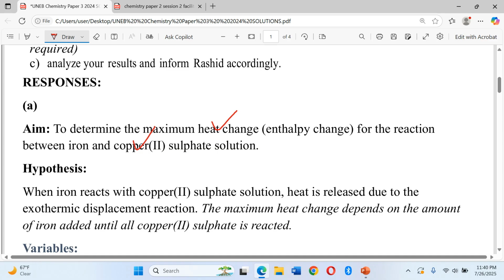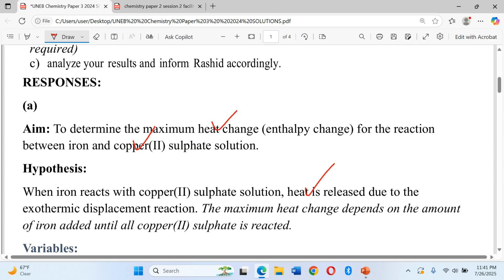Maximize your scores. Hypothesis. When iron reacts with copper 2 sulfate solution, heat is released due to exothermic displacement. That is our prediction, that when iron reacts with copper sulfate, heat is released.